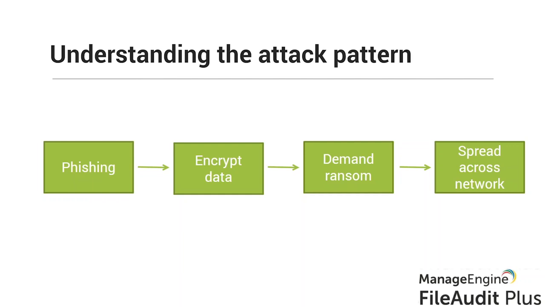The fourth block is spreading across your network, because the strains of ransomware have become so clever today. In fact, last year, I think in June or July, there was an outbreak of a strain of Petya ransomware. Petya was so advanced that it could figure out the list of IP addresses in your network and then spread to those target IP addresses.